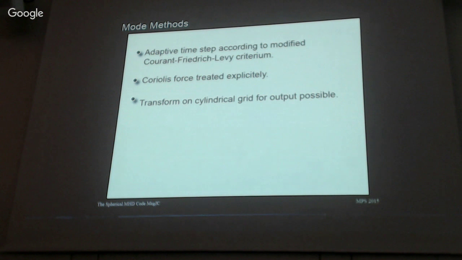So you match these two solutions with matching conditions, which are simply that the field has to be continuous at the interface, and then you solve the coupled system of equations. They share the radial grid point, which is the inner core boundary, and there they're coupled. So you have two coupled systems of the kind I've just shown.